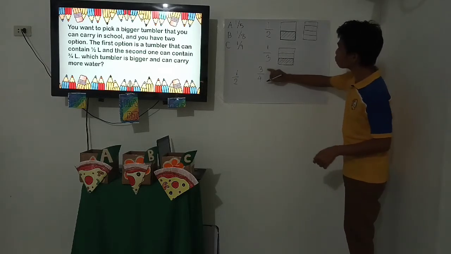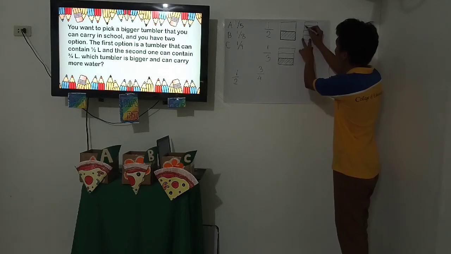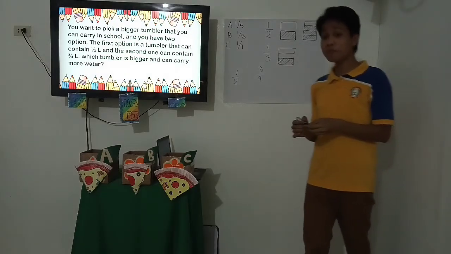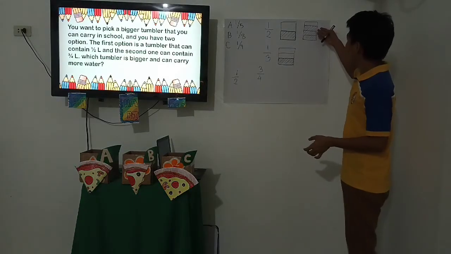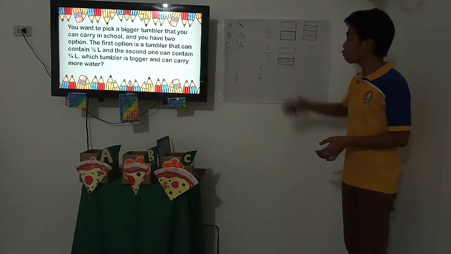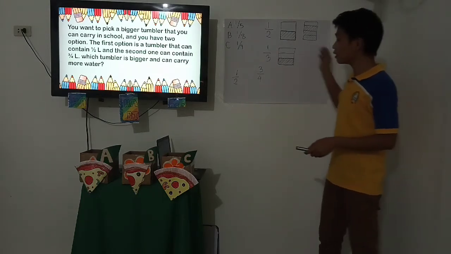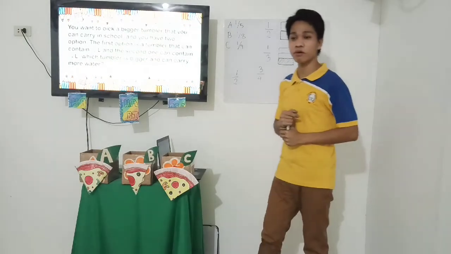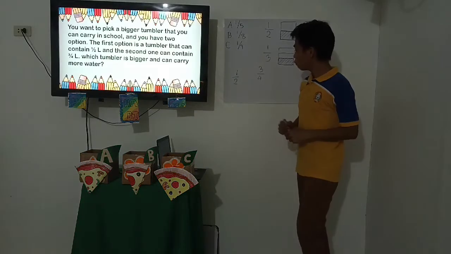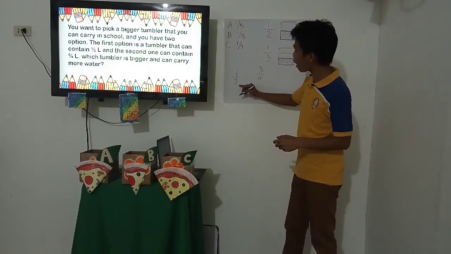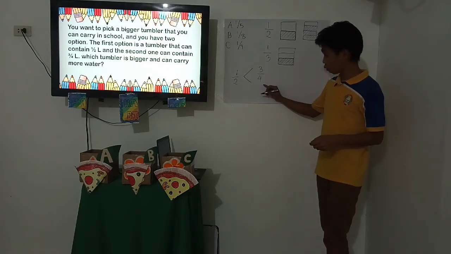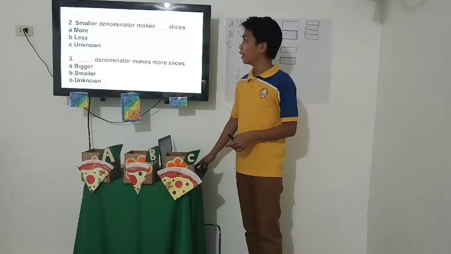And 3/4 liter of water looks like this. As you can see, the tumbler that can contain 3/4 of water is bigger than 1/2. Okay, using the relation symbols that we had, we can say that 1/2 is less than 3/4. Very good.